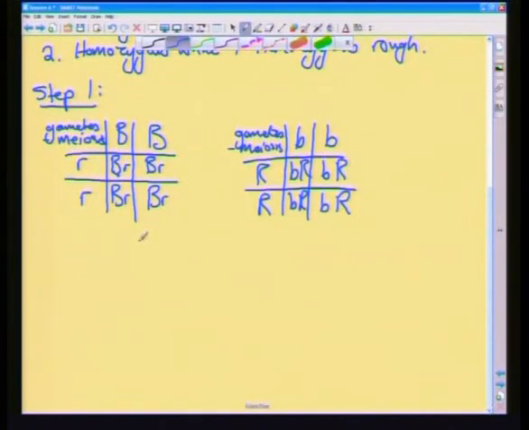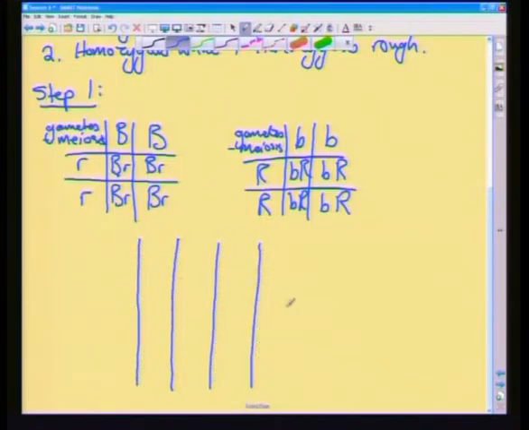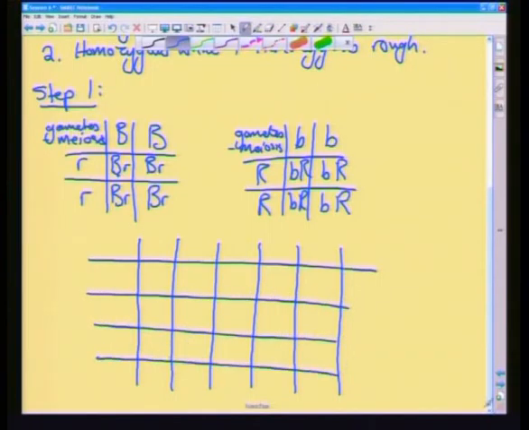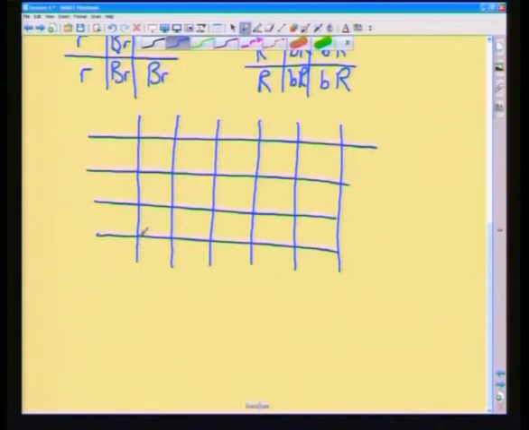Okay, now we go. And I'm not using rulers because I want you to see how to do it.